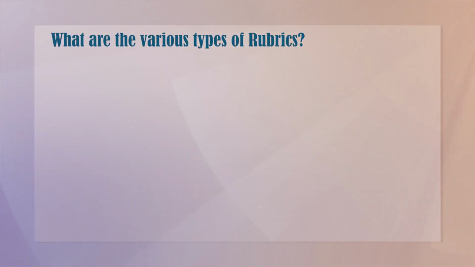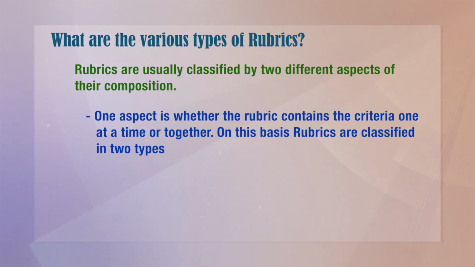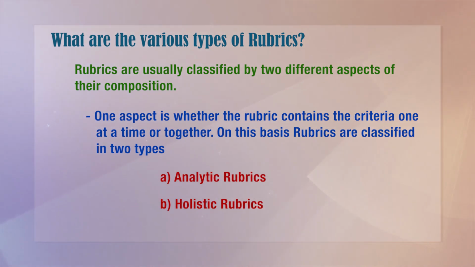To move further, let us see the various types of rubrics. They can be classified in many ways. However, S.M. Brookhart has classified rubrics by keeping two aspects under consideration. One aspect is whether the rubric contains the criteria one at a time or together. On this basis, rubrics are classified into two types: analytic rubrics and holistic rubrics.